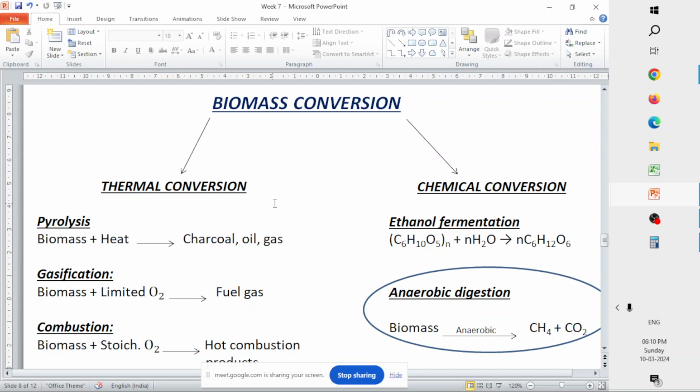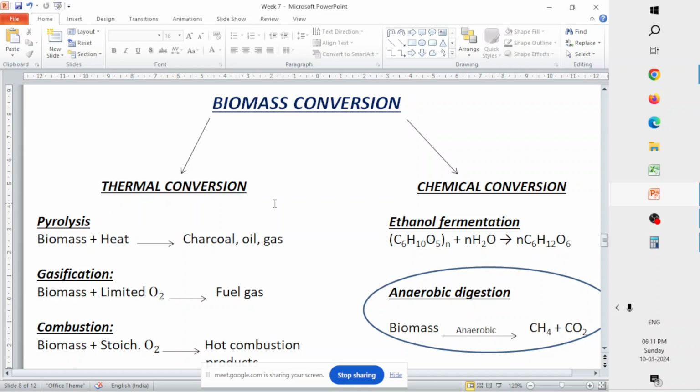Whereas in chemical conversion routes, you will be converting them into some kind of chemical like ethanol. You will be converting them into either methane gas or ethanol, which you will use as a fuel or as a chemical in some chemical industry, or for energy production like electricity. Similar goes with the methane also. You will take out the methane gas and use it for other purposes, including energy generation applications.